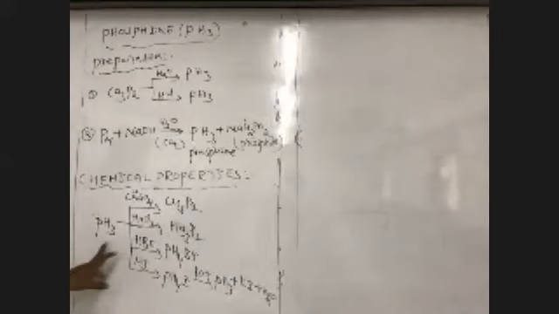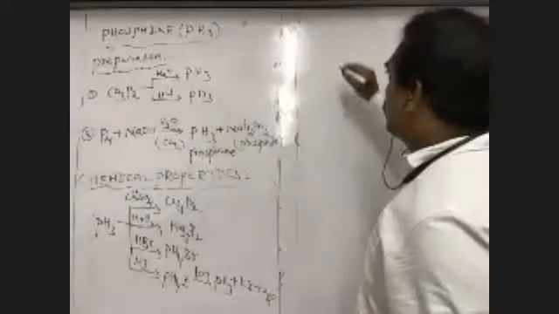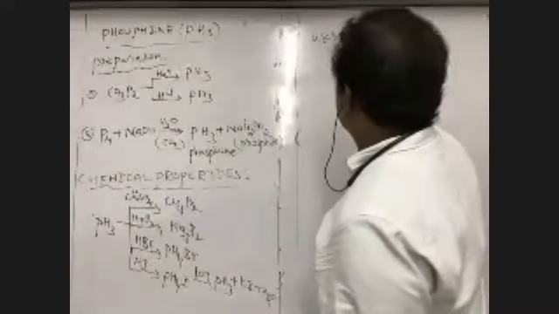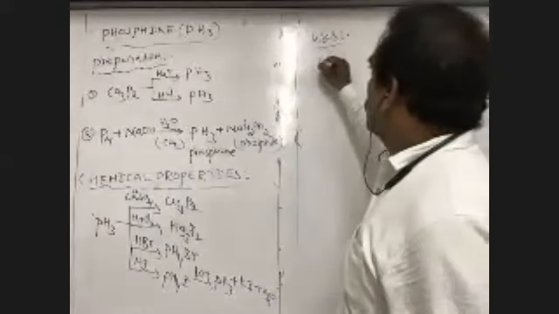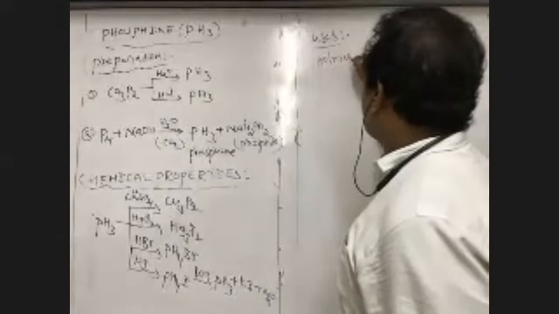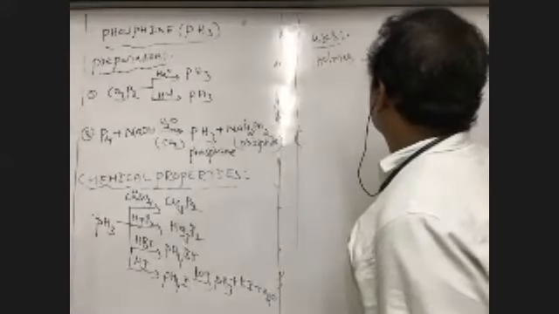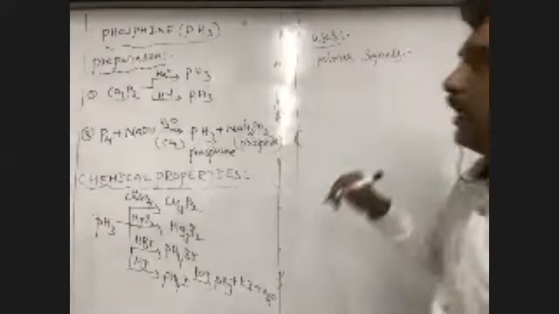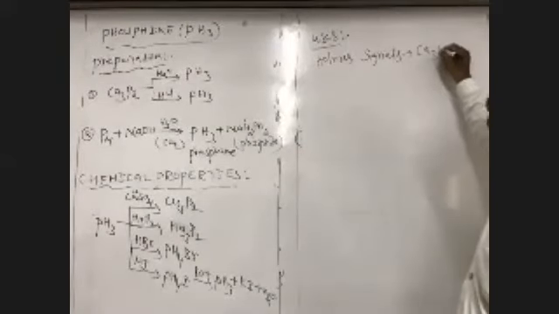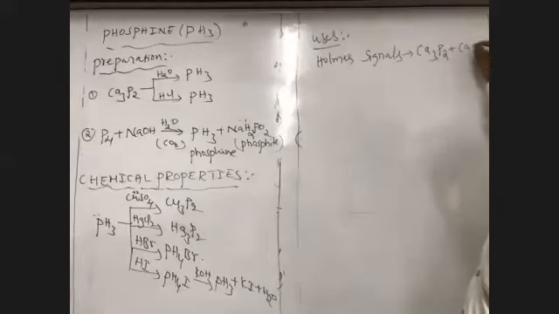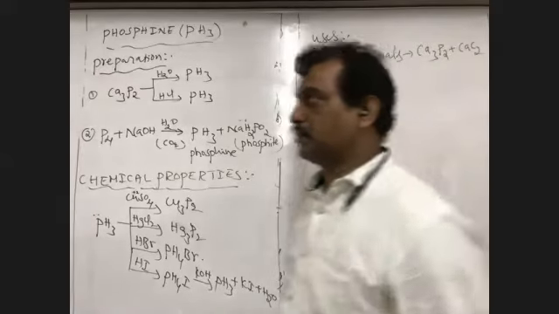The reverse reaction is also possible. The important uses of phosphine: it is especially used in holmes signals, that is beacon lights. For these, a mixture of Ca3P2, calcium phosphide, and calcium carbide CaC2 is used.